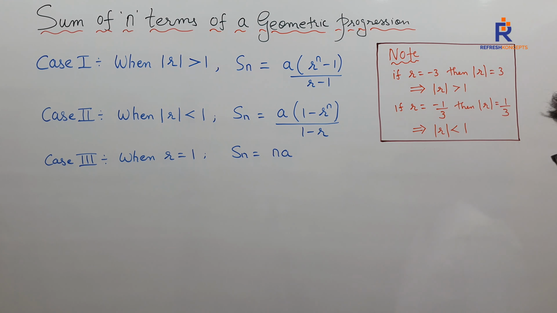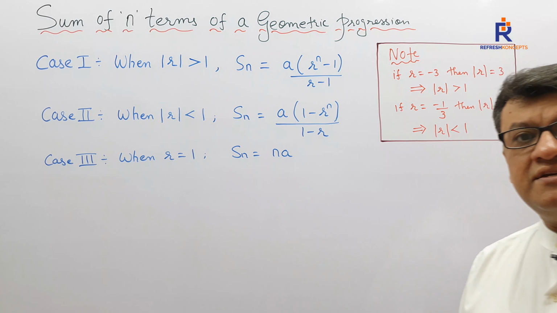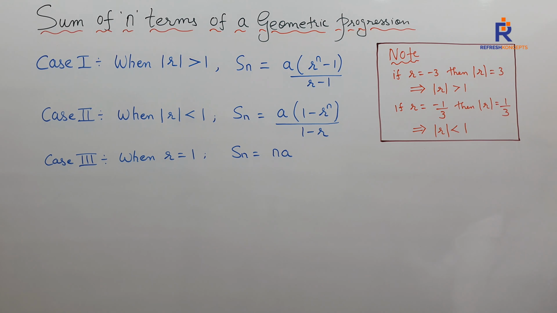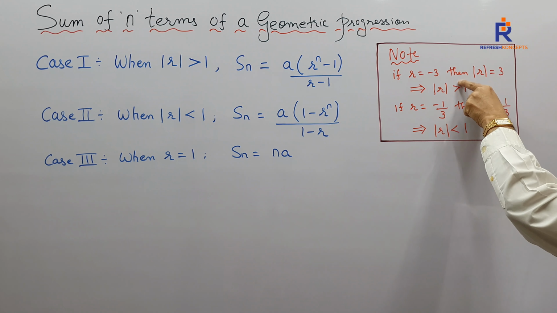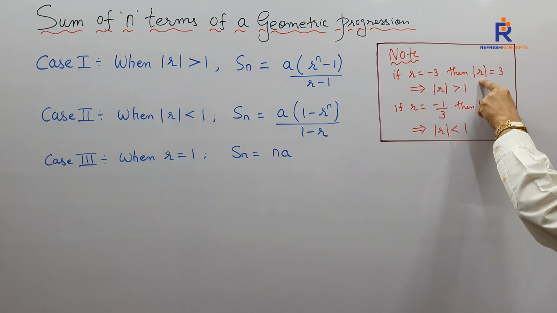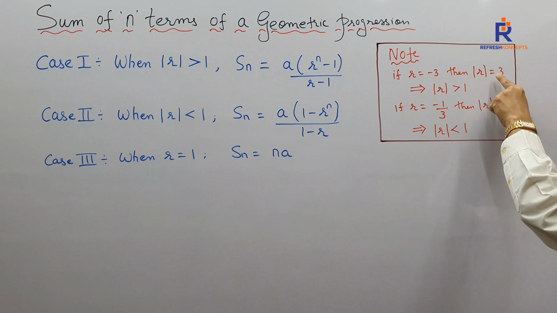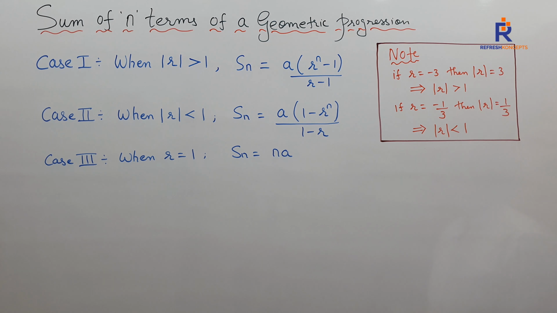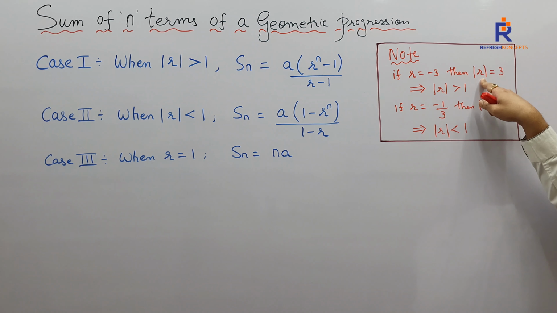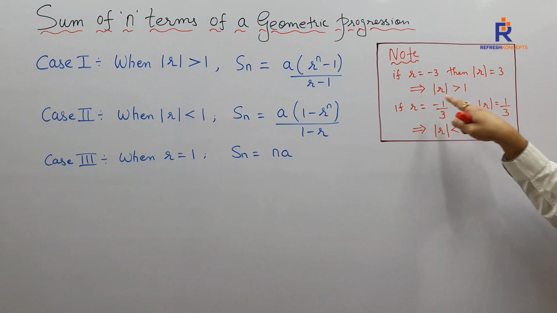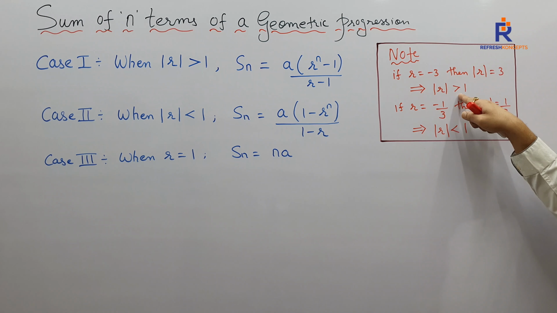Those who feel that minus 3 is less than 1, no children, that's the reason we have written this. What is mod of minus 3? The absolute value of minus 3 is 3. So earlier I was thinking this to be less than 1, but when I calculate the absolute value, it is greater than 1. So here mod R is greater than 1.